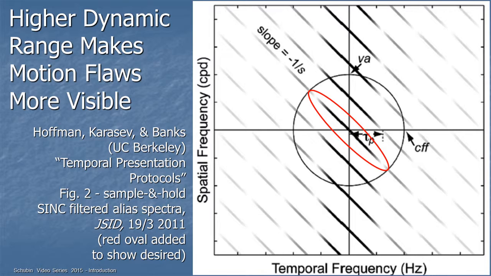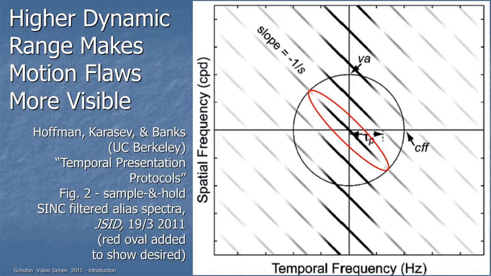Some of them are very black, and some of them fade away, and some disappear altogether. Well, the ones that have faded away or have disappeared aren't introducing a motion artifact, or are introducing just a really reduced motion artifact. But if you increase the dynamic range, then you make that motion artifact more visible.